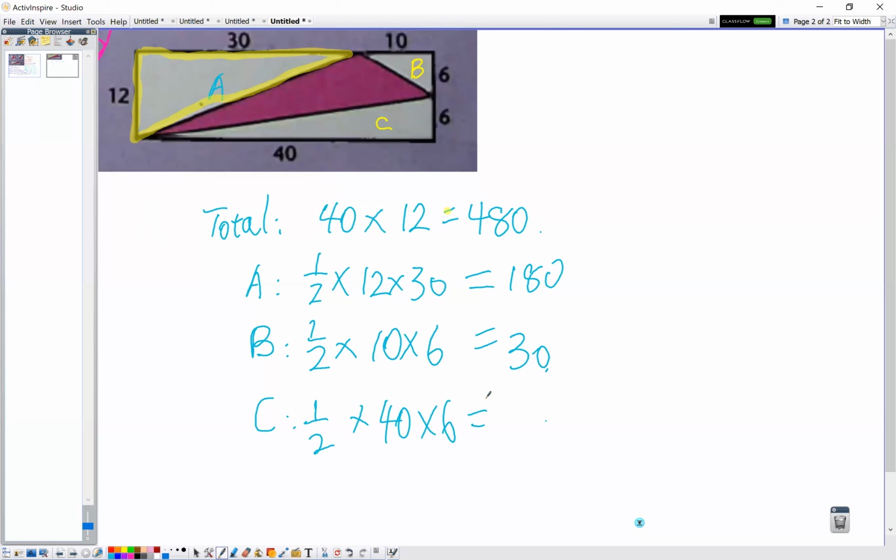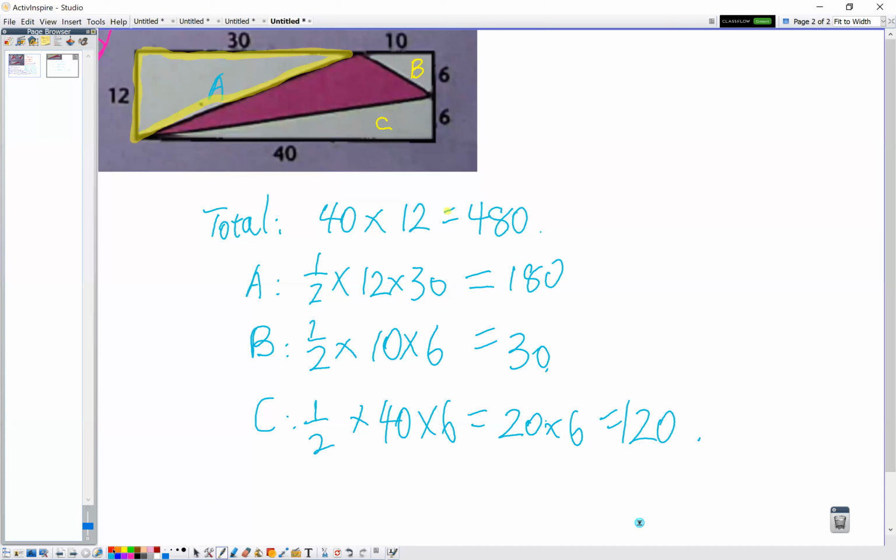Half times 40 is 20. So it's 20 times 6, which is 120. And then you can take each of them away from 480.